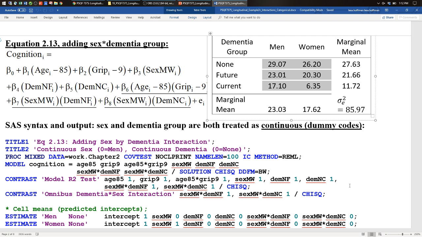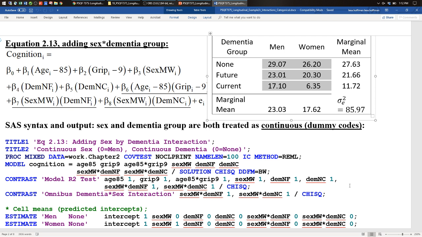Alternatively, if I'm talking about marginalizing across groups, the marginal mean difference for gender, this 23 versus 17, is marginalizing across my 3 dementia groups. Likewise, 27 versus 21 versus 11 is the dementia group means marginalizing across gender.